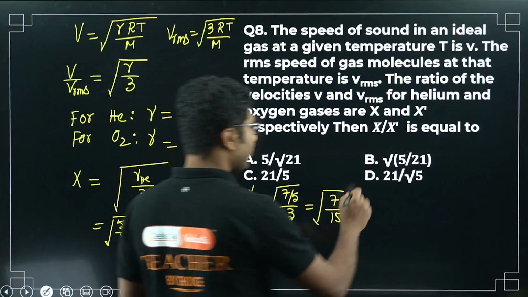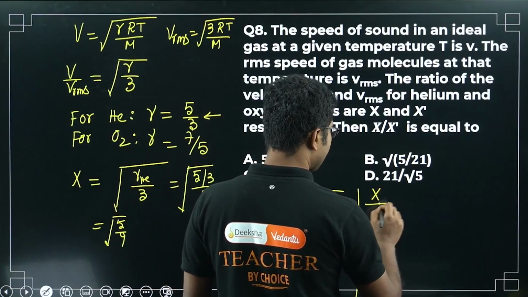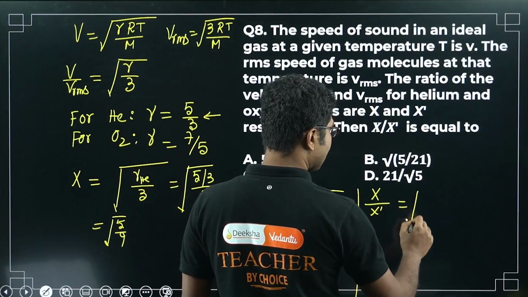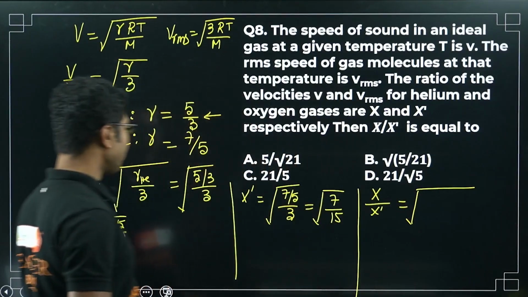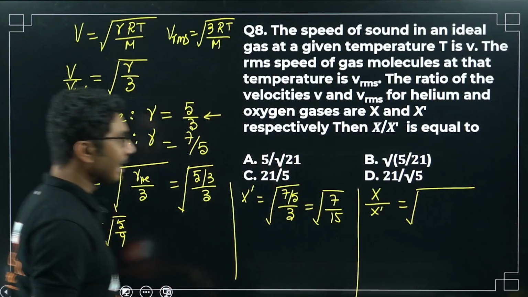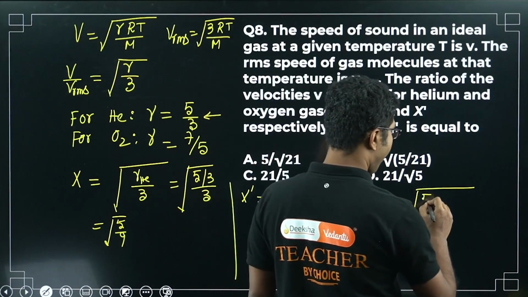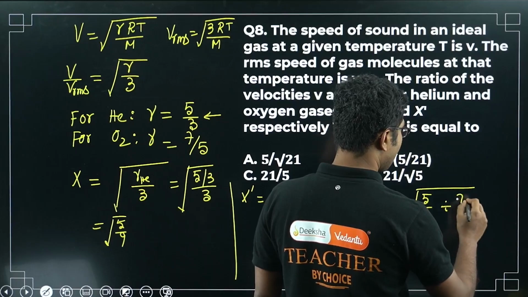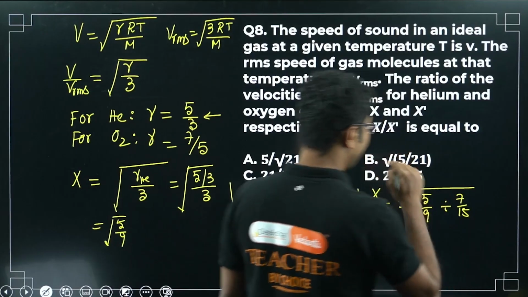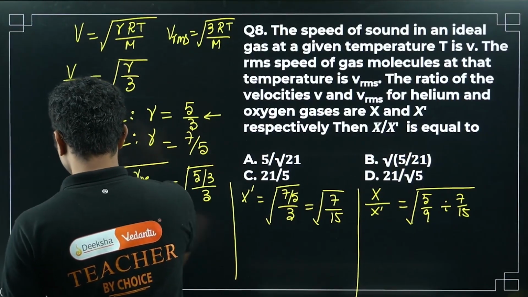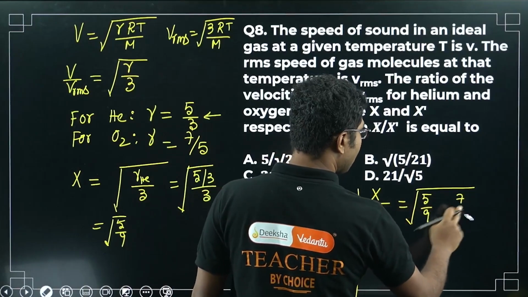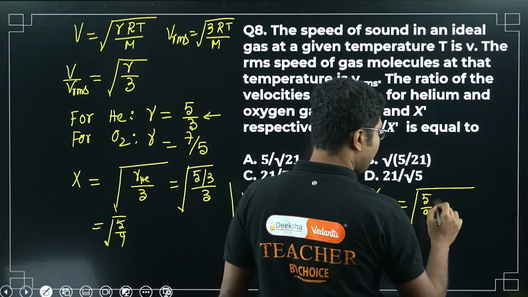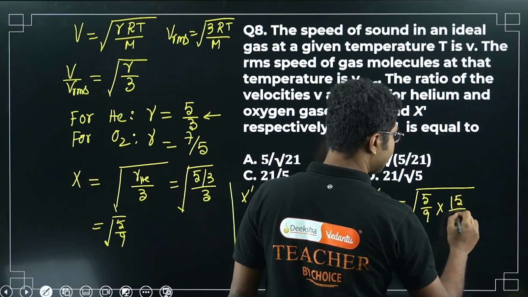Now what we are trying to find is the ratio of X by X dash. So X by X dash equals square root, I am taking the square root common because both have square root, of 5 by 9 divided by 7 by 15. If there is a division, we can simply remove the division and make it multiplication, but with the reverse order, 15 by 7, right?